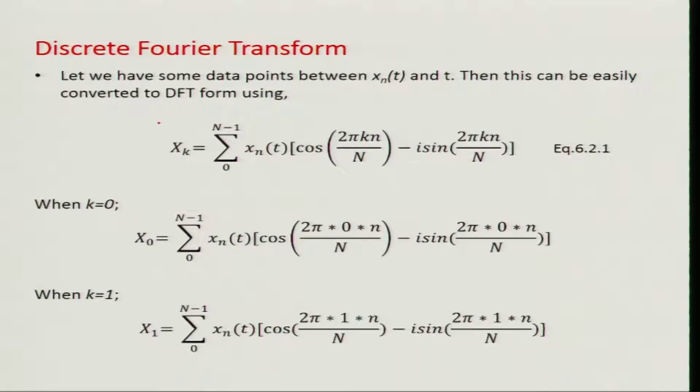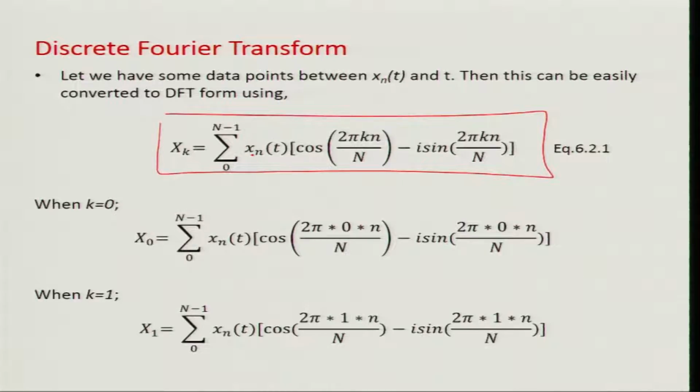This is the general relation: X k equals sum of x n, which actually changes with time, times e to the power of minus i omega k n divided by N, right. I can express this e to the power i omega k n as a cosine term and a sine term.